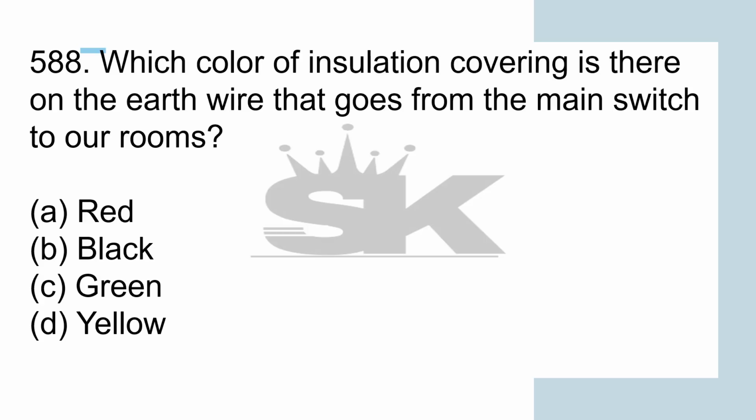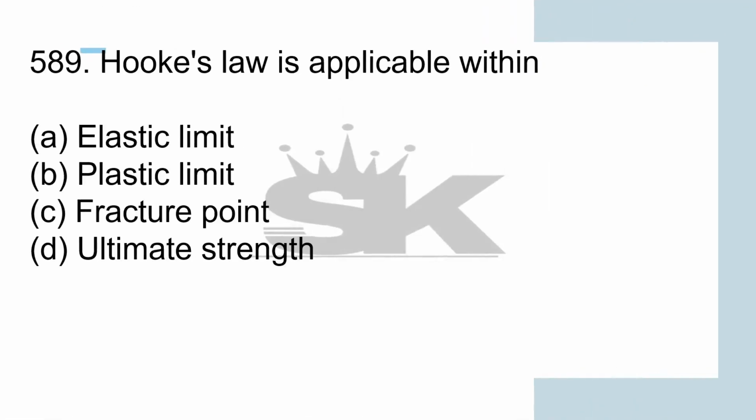Which color of insulation covering is there on the earth wire that goes from the main switch to our rooms? That is green color. Okay. Hooke's law is applicable within the elastic limit. Okay.